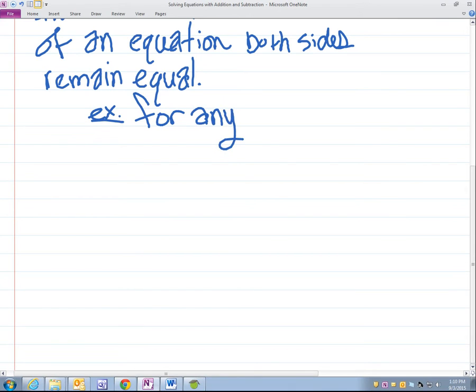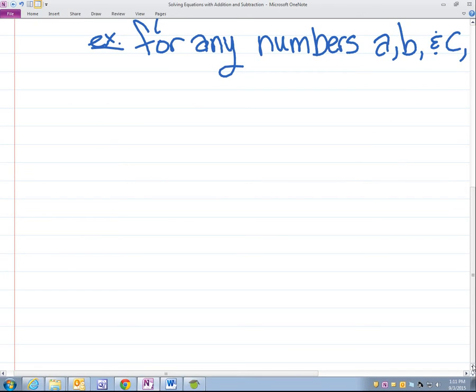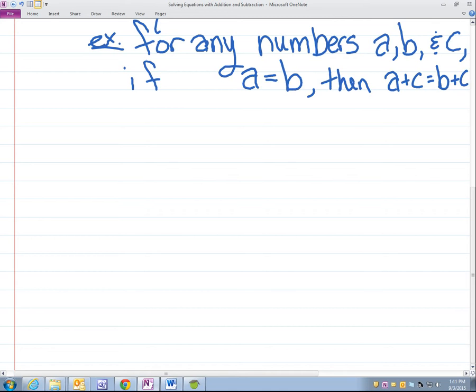For any numbers A, B, and C. If A equals B, then A minus C equals B minus C. Oops, that should be minus because we did subtraction first.